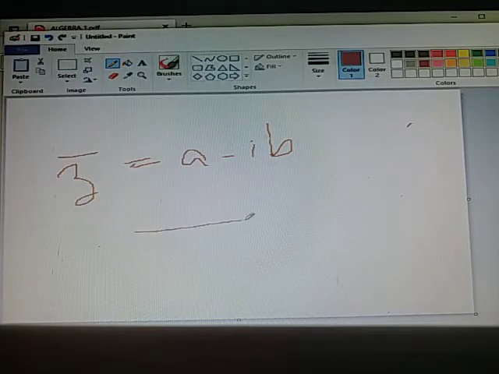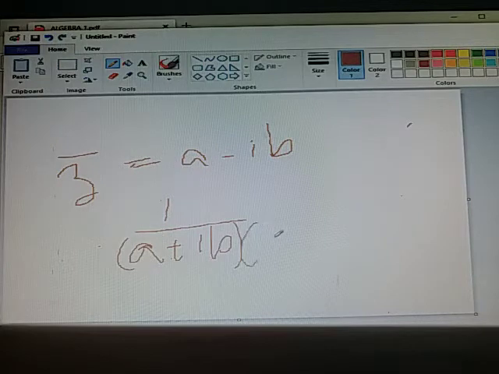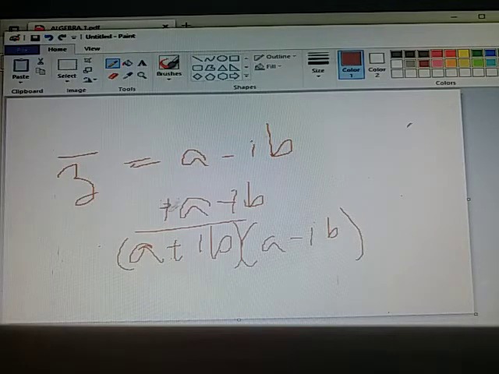So if you have to find the conjugate of a fraction, say it is 1 by a plus ib, you may make it real by multiplying with a minus ib. So for the conjugate, you make this one plus, this is the same, so again this cancels out, and this is 1 by a minus ib.